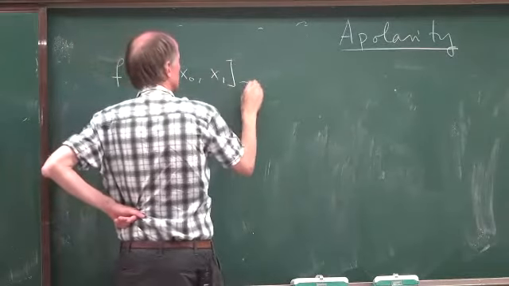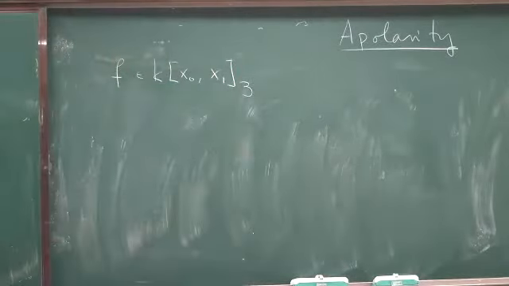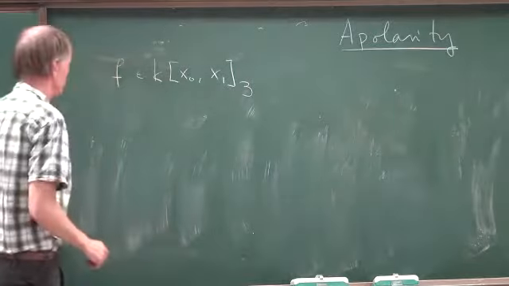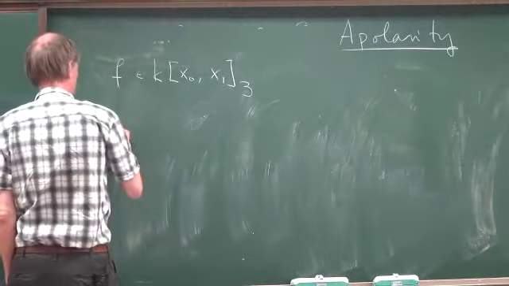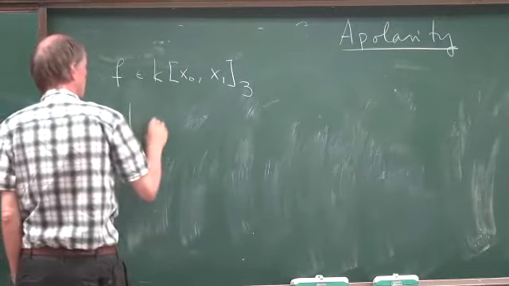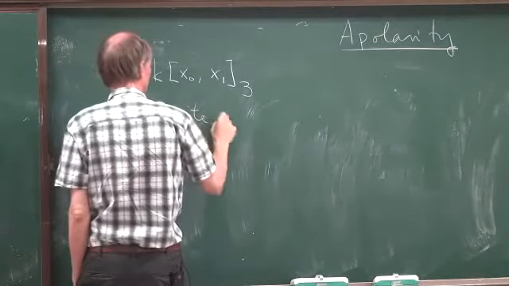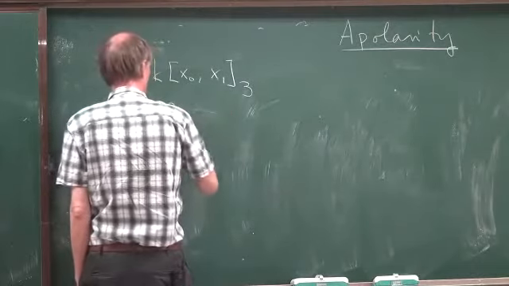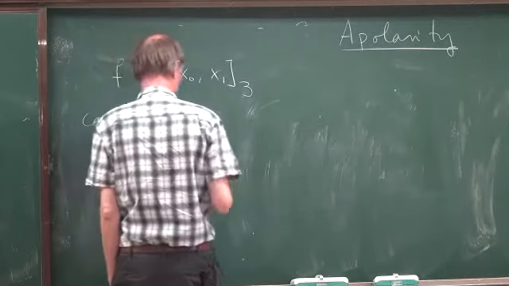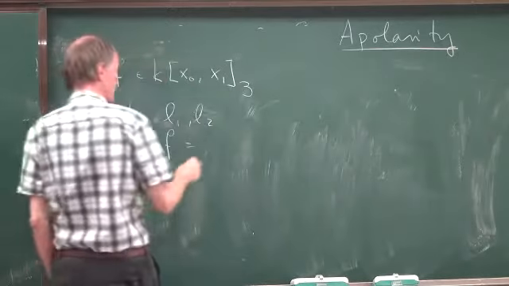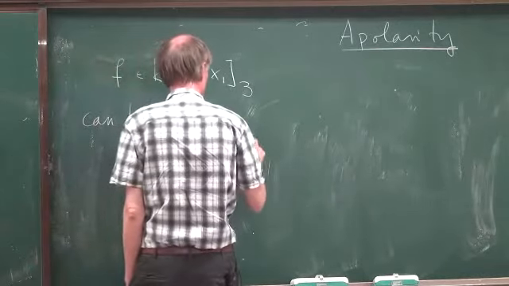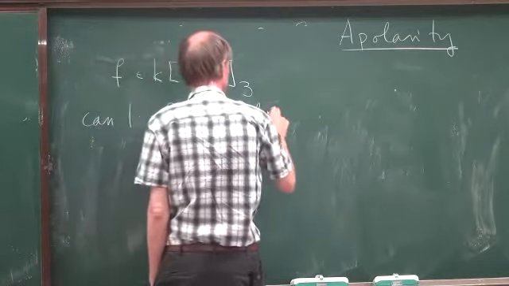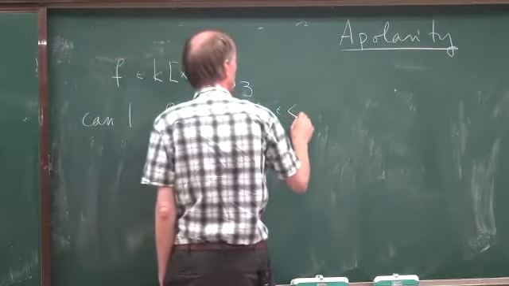in two variables. A cubic polynomial in two variables. And I ask, can I write f, or can I find L1 and L2 such that f is equal to L1 cubed plus L2 cubed, where the Li are linear forms?